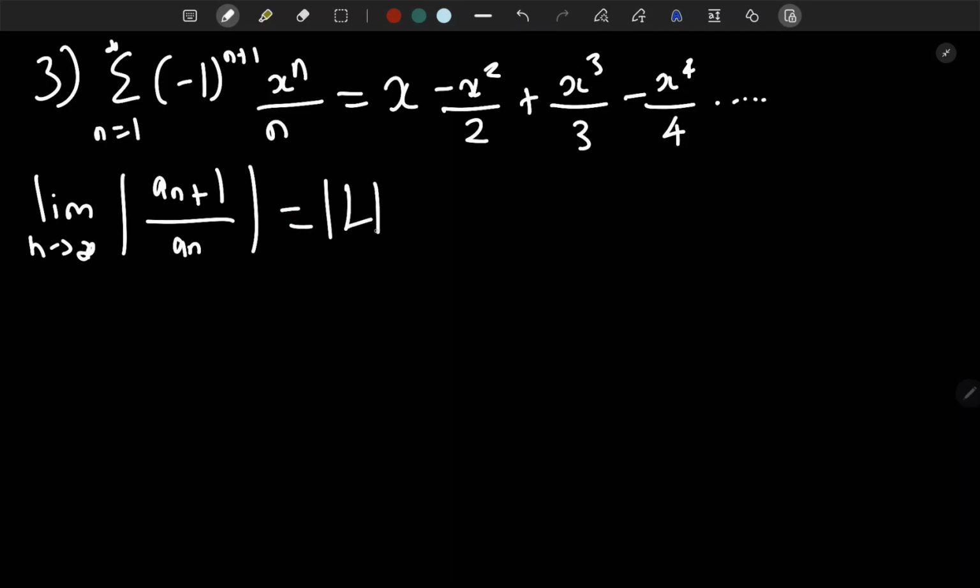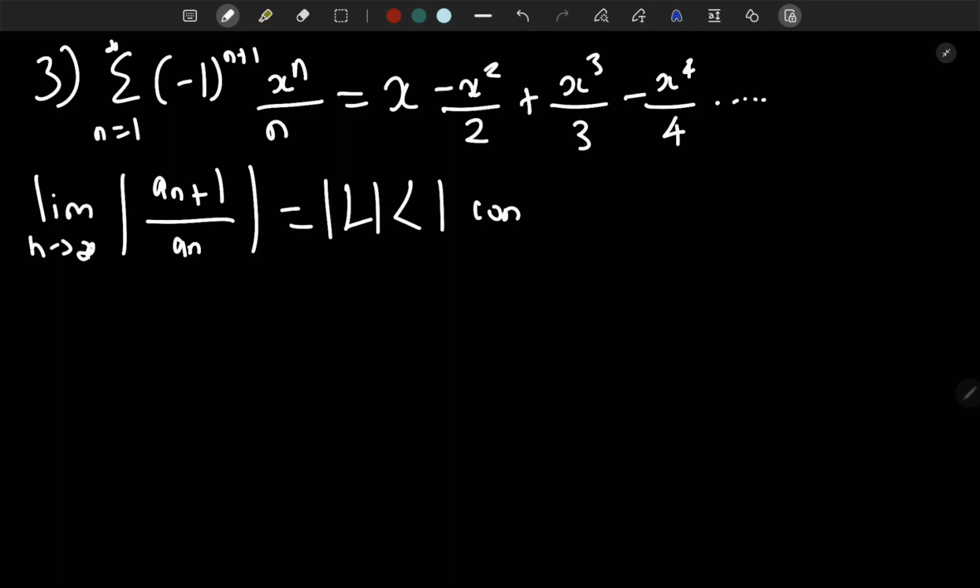Let's name it L. If the absolute value of L is less than 1, it is converging. If it is more than 1, it is diverging, and if it is equal to 1, it is inconclusive. So we don't care about these last two, we only care about the interval for converging here.